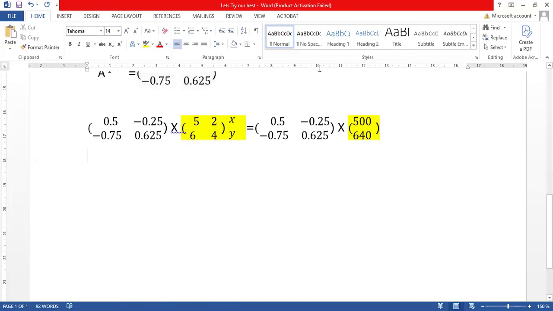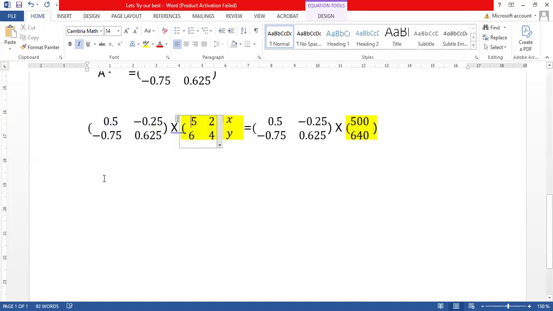Remember the rules of matrix: we multiply row by column. This is your row, 0.5 and negative 0.25. So multiply that row with a column, that is 5 and 6, which is in column form. What will you get?